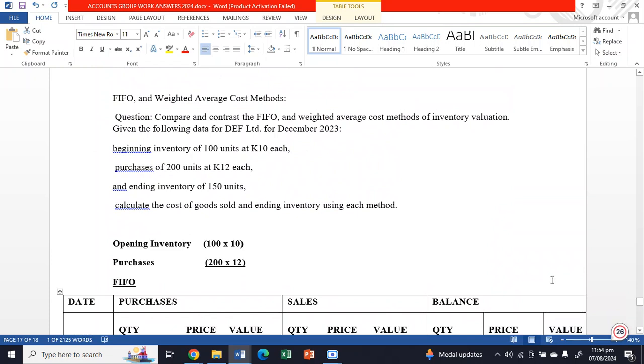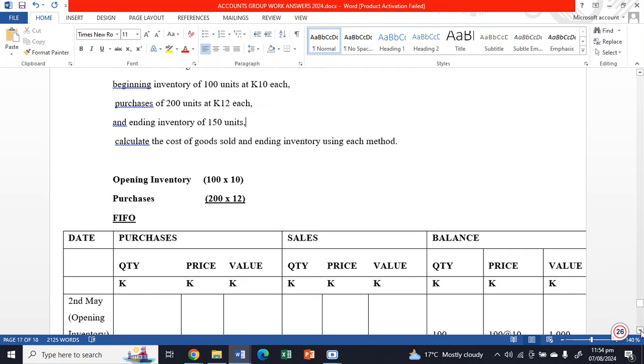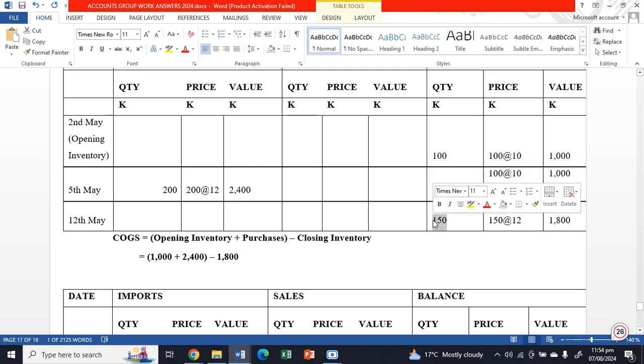Now we go to 12th May. They tell us we have an ending inventory of 150 units, meaning we had 300 units and we remained with 150 units.